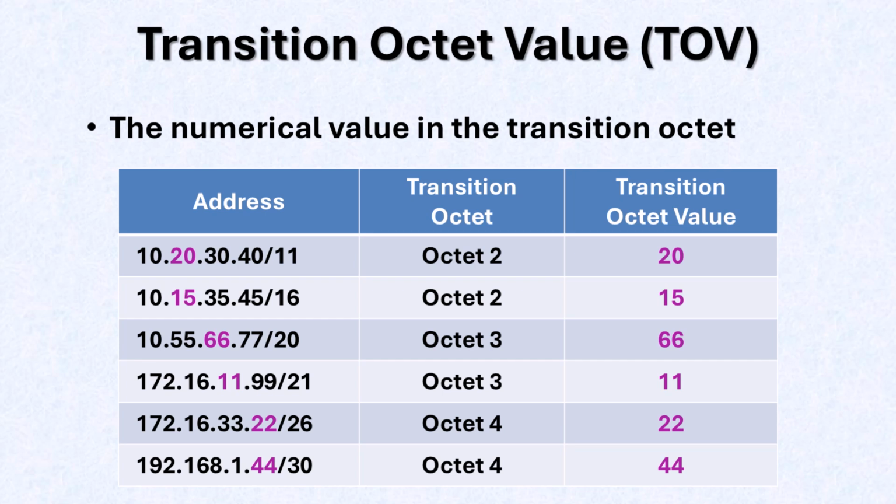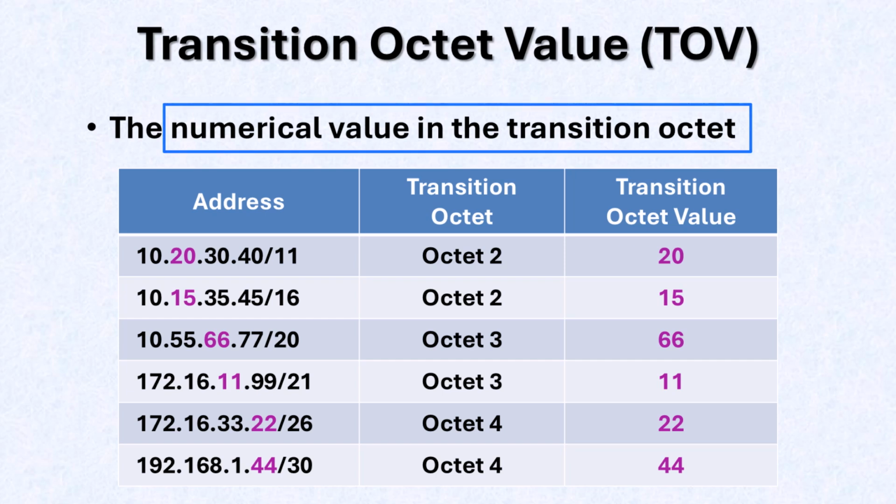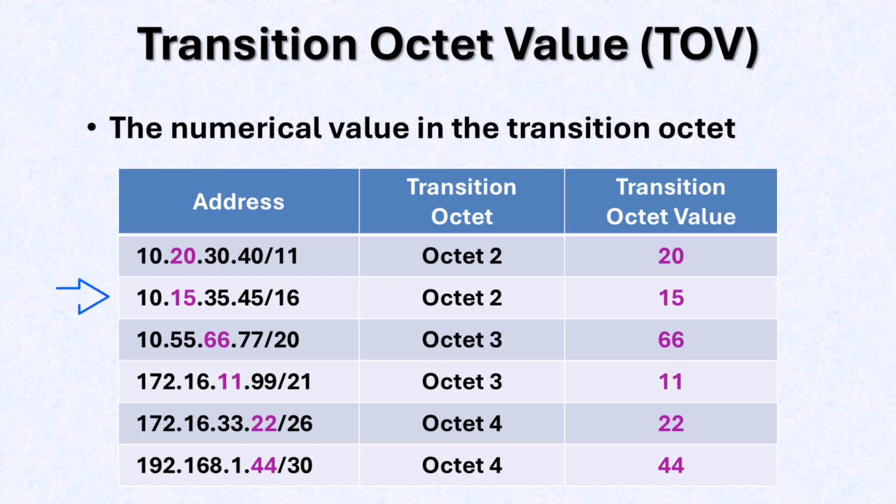The transition octet value, or TOV, is the numerical value specified in the transition octet. For example, in the second entry, octet 2 is the transition octet, and its value is 15. Therefore, the transition octet value is 15. In the fifth entry, octet 4 is the transition octet, and its value is 22. So the transition octet value equals 22.